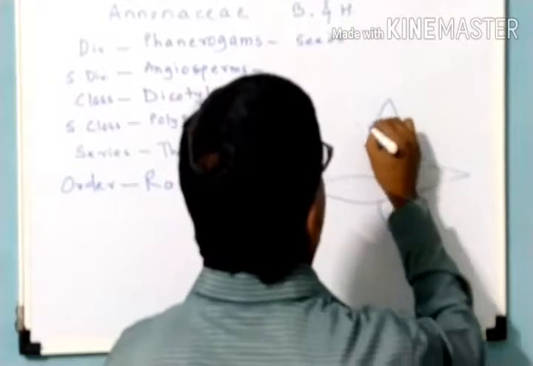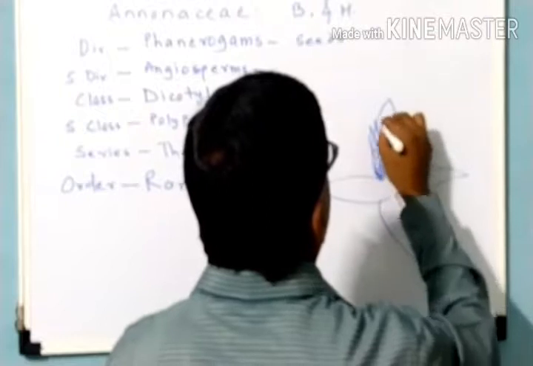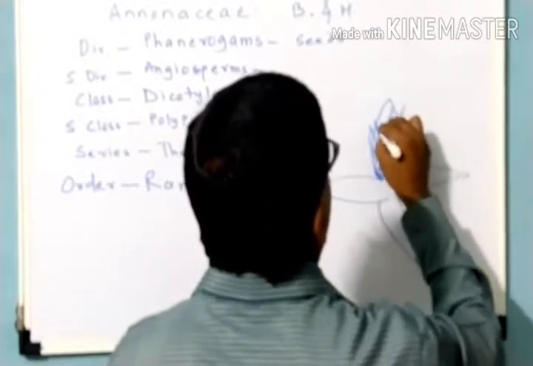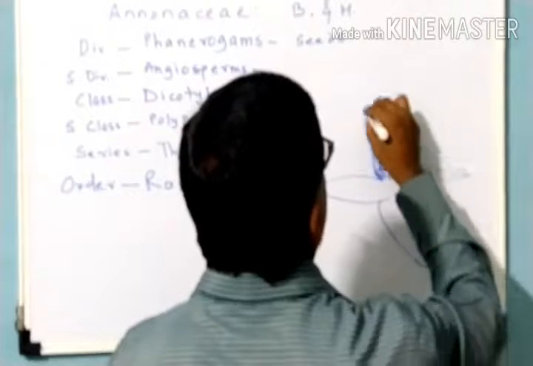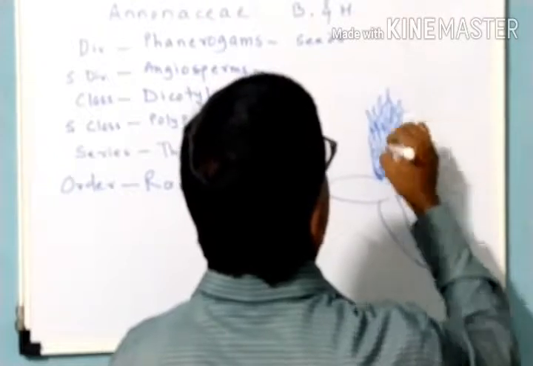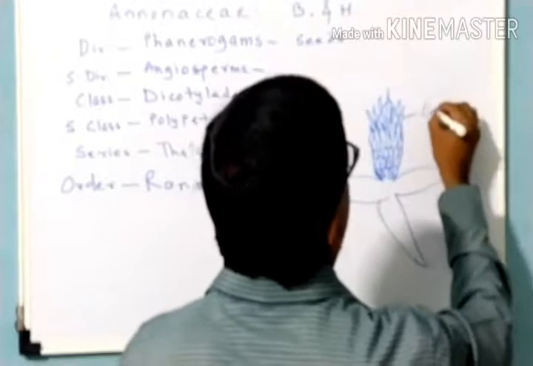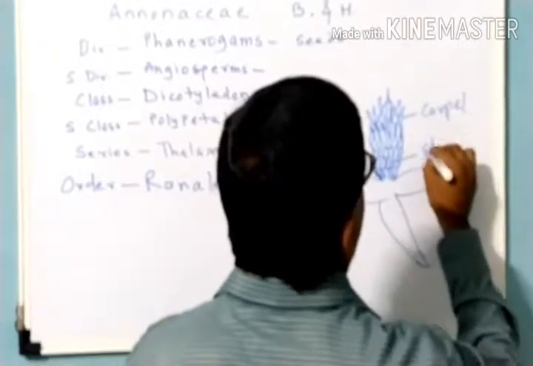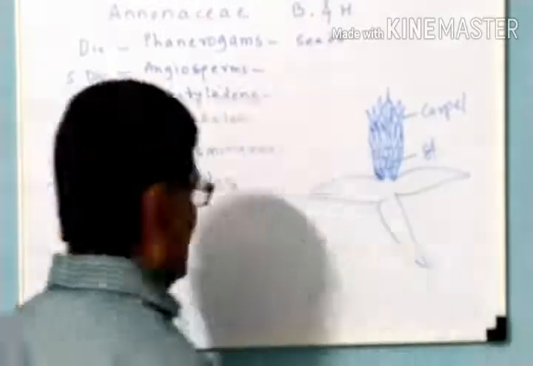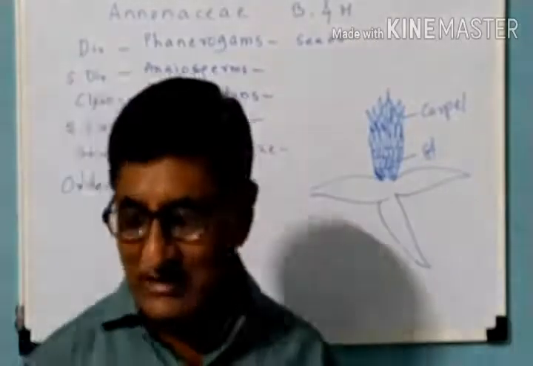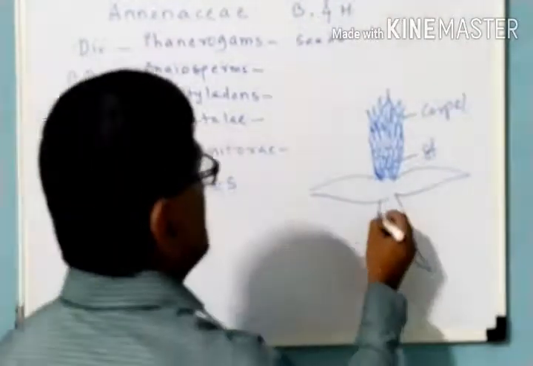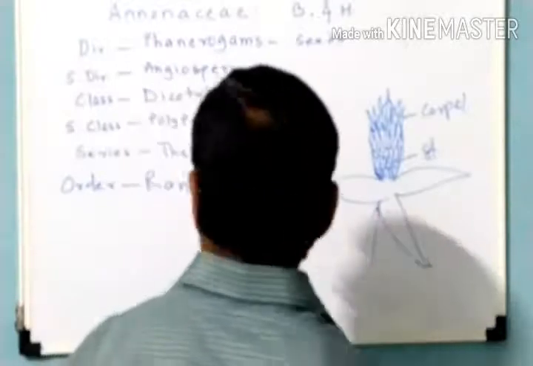On the upper half, these are the free carpels. Carpels are also many. They are apocarpous in nature. You can just see these are the many carpels. So many carpels, and they are free. These are the stamens. So these are the reasons for order Ranales. Stamens many, and carpels one to many, and apocarpous. This is the condition showing.